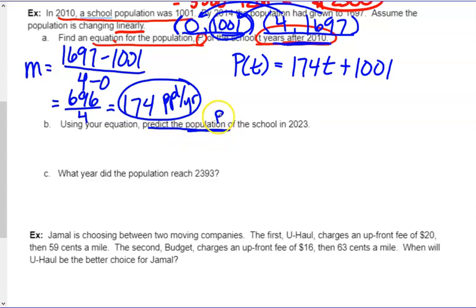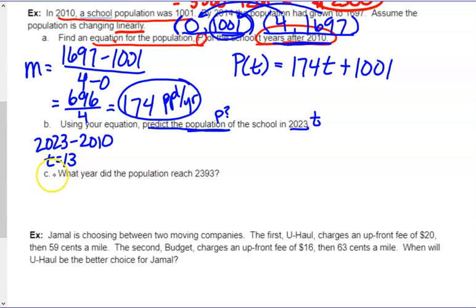We're looking for P of the school in 2023. They're giving me the year here, but be careful. Remember, T is the years after 2010. So if I'm in year 2023, how many years past 2010 is that? Well, I would do a nice little subtraction here. Therefore, T has to be 13 in my formula.